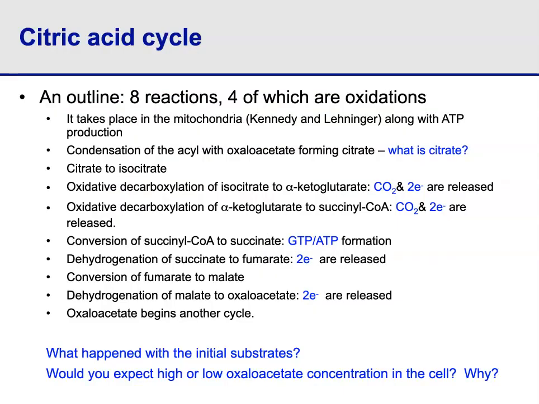Now, the remaining acetyl-CoA will enter the citric acid cycle, if it needs to be degraded. I wanted to give you just a brief overview so that you have an easy reference of the reactions of the citric acid cycle. A lot of students look at the citric acid cycle as the ultimate challenge.